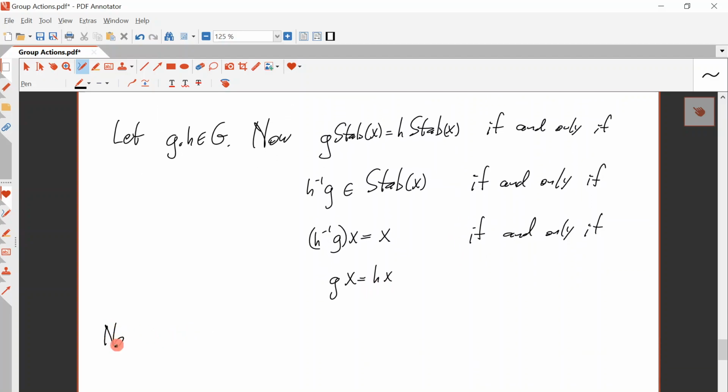Now, write the orbit of X. So what is the orbit of X?